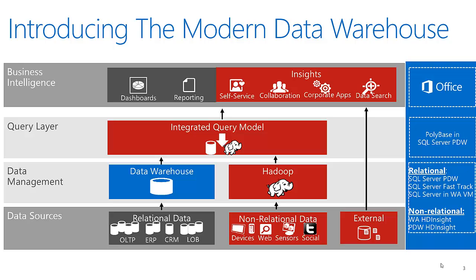Or you can use Hadoop, and usually customers want to use both because of the flexibility and the performance, depending on the scenario. So maybe you want to upload your data first to Hadoop and then move it to PDW, to real relational tables. PolyBase is the bridge between these two very different worlds, and it gives you seamless integration, and you can actually move data between PDW and Hadoop.